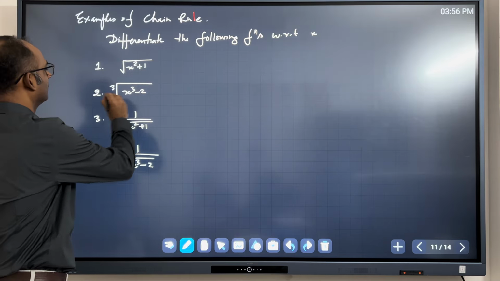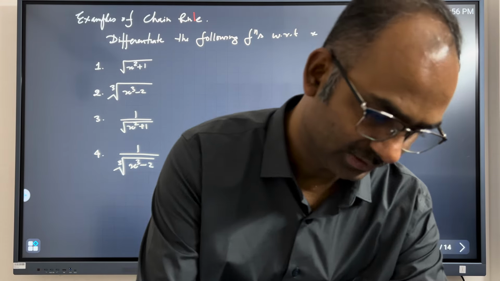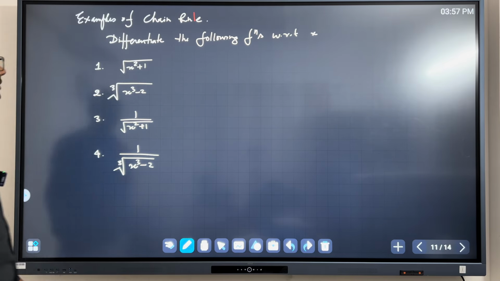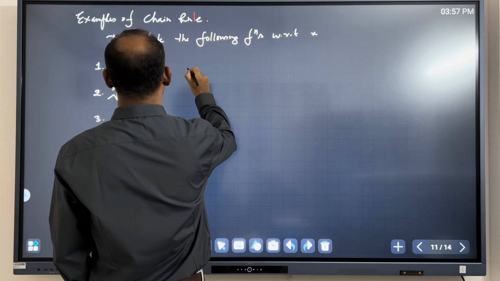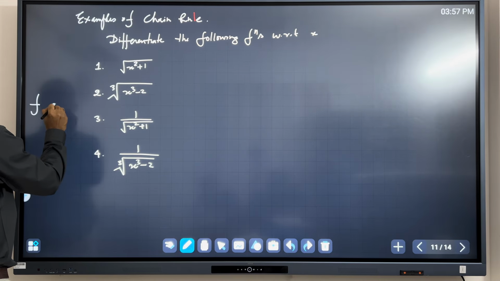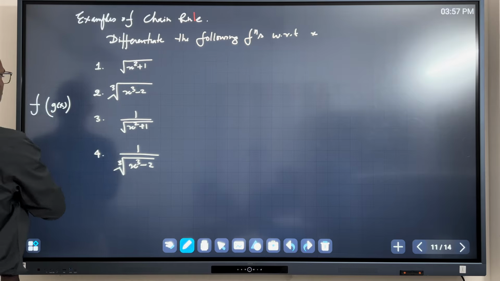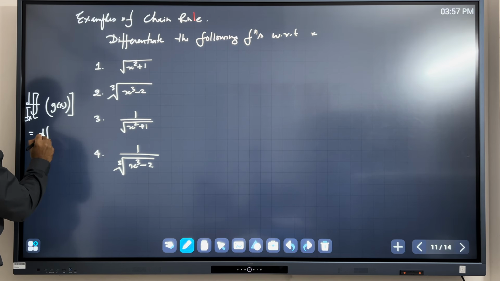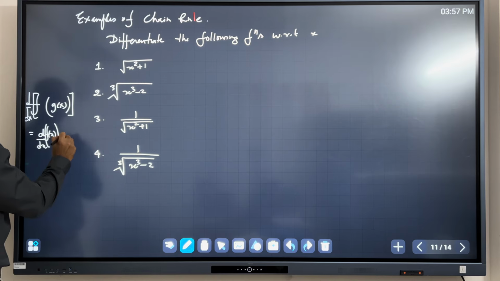Okay, let's do this. So x square plus 1. I want to write this as f composition g of x. So the way to do it, the derivative of this is what? It is df over du, or d over du of f of u, times du over dx.